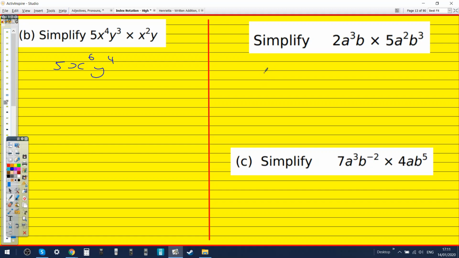7a^5 b^4. And it's not 7. Oh, it's times 10. Yes, so these are confusing because they have a mixture of multiplying and adding. And a very tricky one down the bottom.